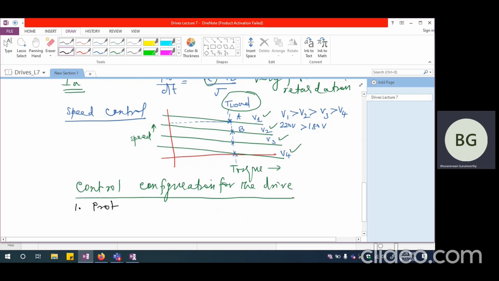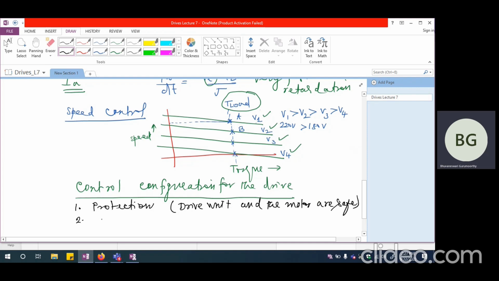So protection is one of the major objectives of the control configuration that we are designing for the drive scheme. We have to ensure that the drive unit and the motor, both of them, are safe. That is the first and foremost objective of designing a control configuration.